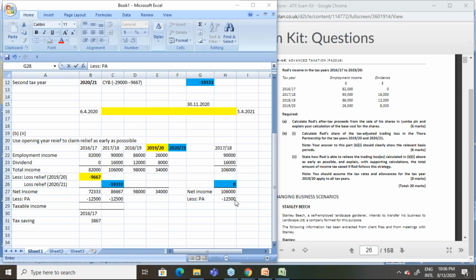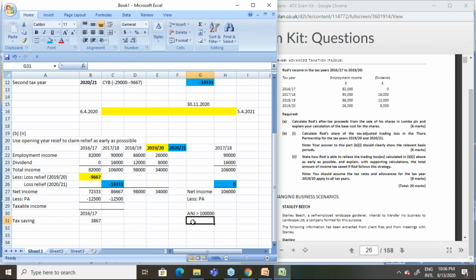No. Reason is your personal allowance will be reduced if the adjusted net income is greater than £100,000.